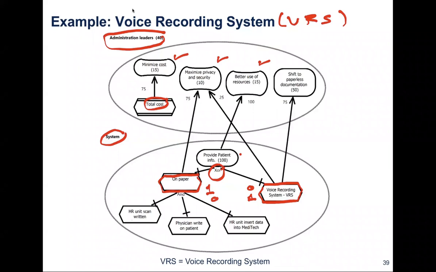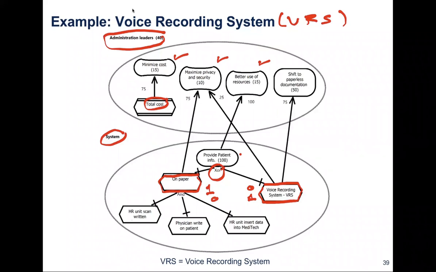So as you can see, there is a connection through the contribution links between actor 1 and actor 2. We can see some links connecting the administration leader and the system. Those links are used to represent the relationships of goals in terms of different components across different actors.